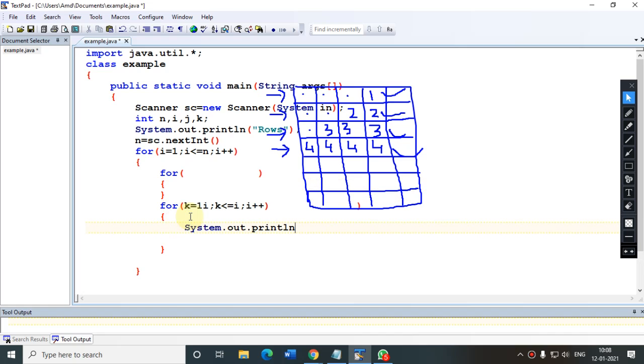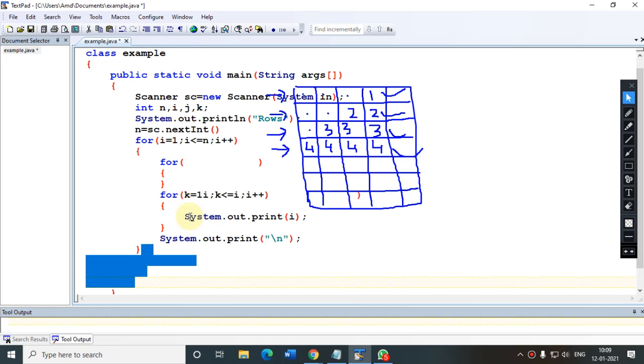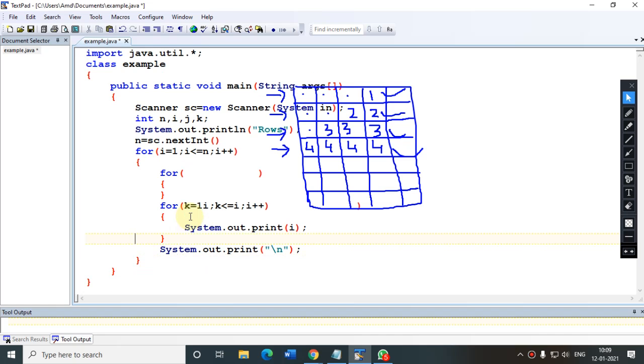What are we supposed to print? We are supposed to print i because the repetition is there, the common value. After that, we are supposed to change the line. For changing the line, you can use this also. This is a new thing I am using. Instead of println, I am using backslash n, which is also correct because backslash n is used to change the line. But in that case, we are not using ln here.